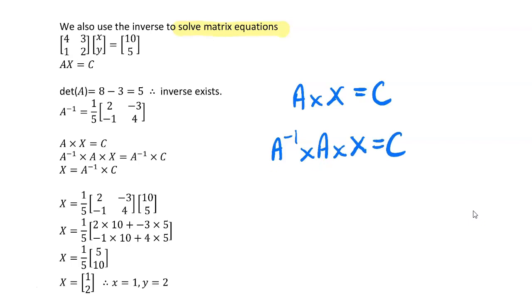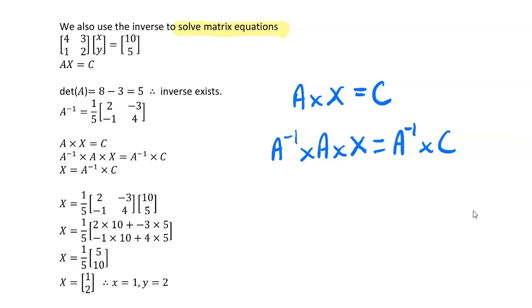You can see here, I've got the inverse of A times by A. Now they'll end up cancelling each other out, so we just get left with X on this side. So then, of course, as you remember, what we do on one side of the equal sign, we have to do on the other. So I have inverse of A times by matrix C.